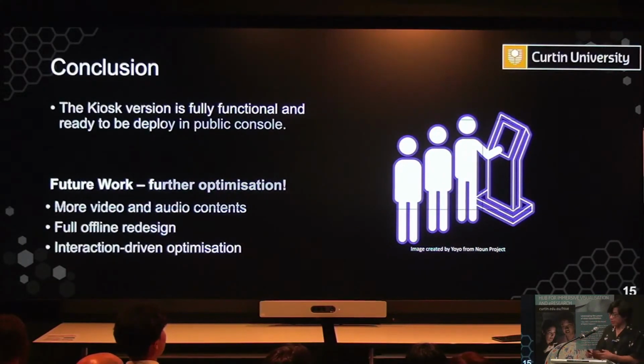The Kiosk version could be made fully offline by running it locally on the kiosk instead of over the internet. This would require storing the images, audios, and all this content locally, and also using an alternative Maps API because Google Maps API does not support offline mode. And we could conduct multiple tests and use those insights to further optimize it.